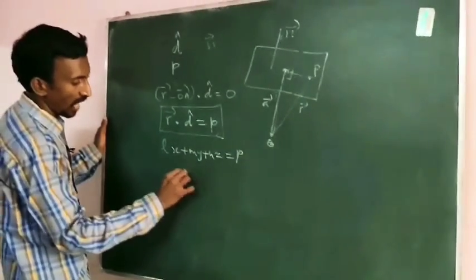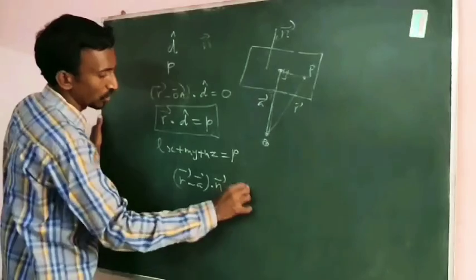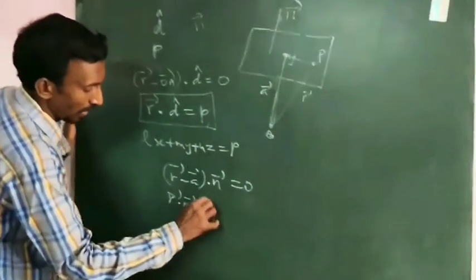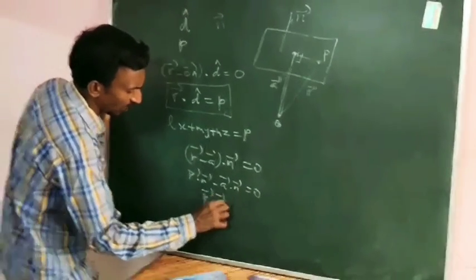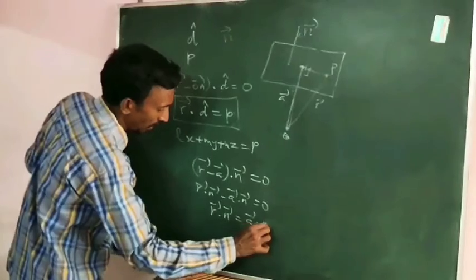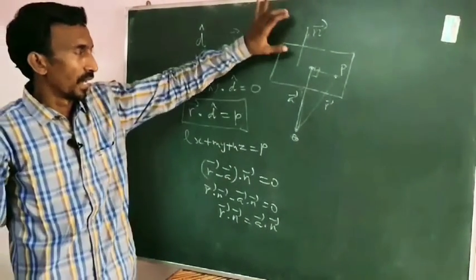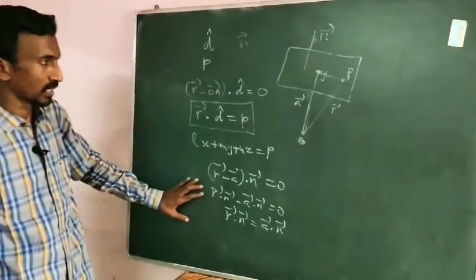So (R minus A) dot N vector equals 0. So R dot N minus A dot N equals 0, so R dot N equals A dot N. It is the vector form of the equation when a normal vector and a point are given. It is the second type of plane equation.